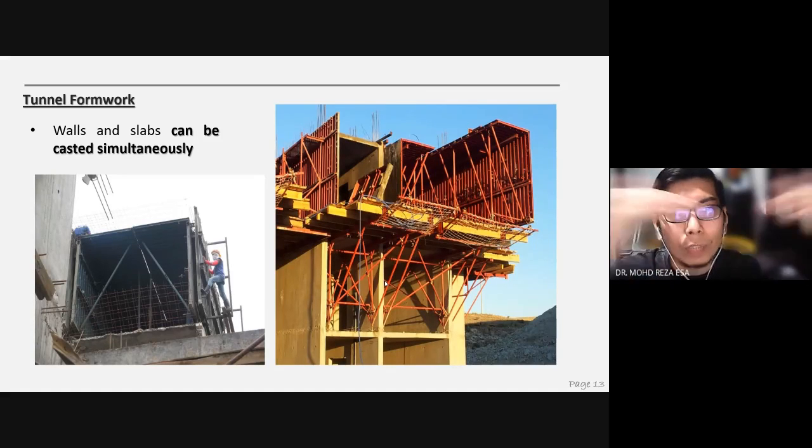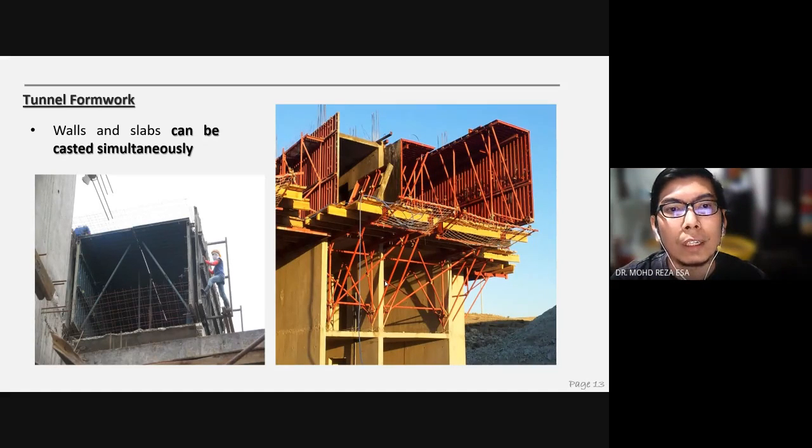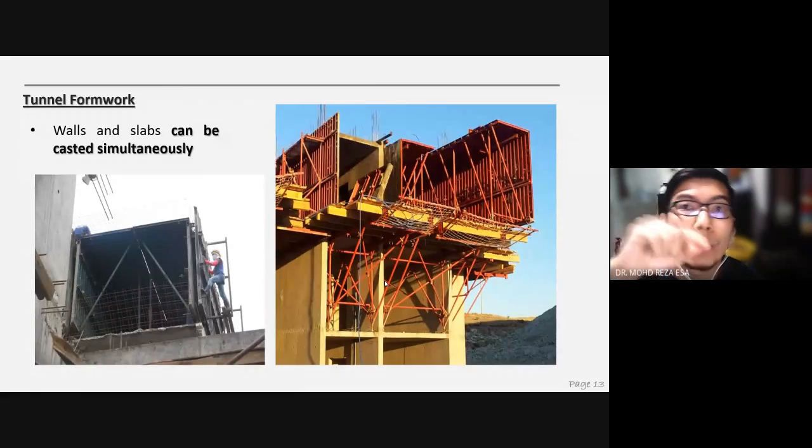So dia bentuk tunnel, and tunnel formwork ni dia punya shape is in the form of N, small n, huruf N yang kecil tu. So dia bentuk small N shape.